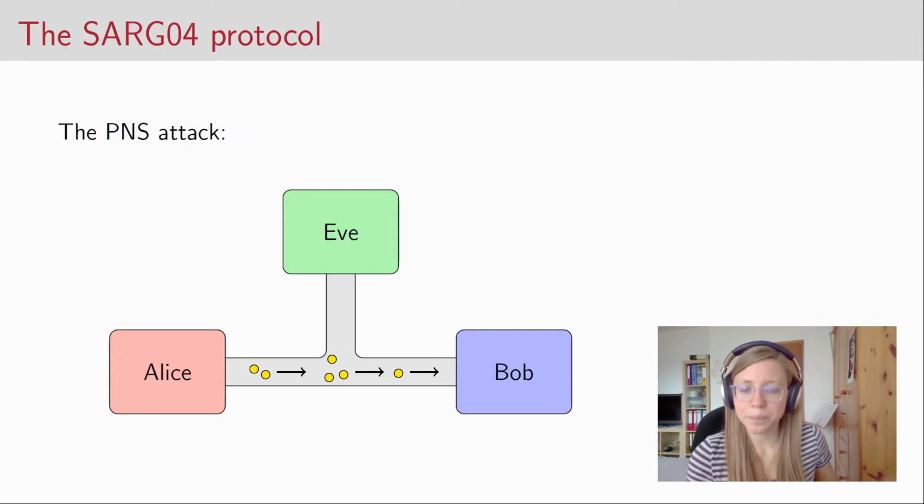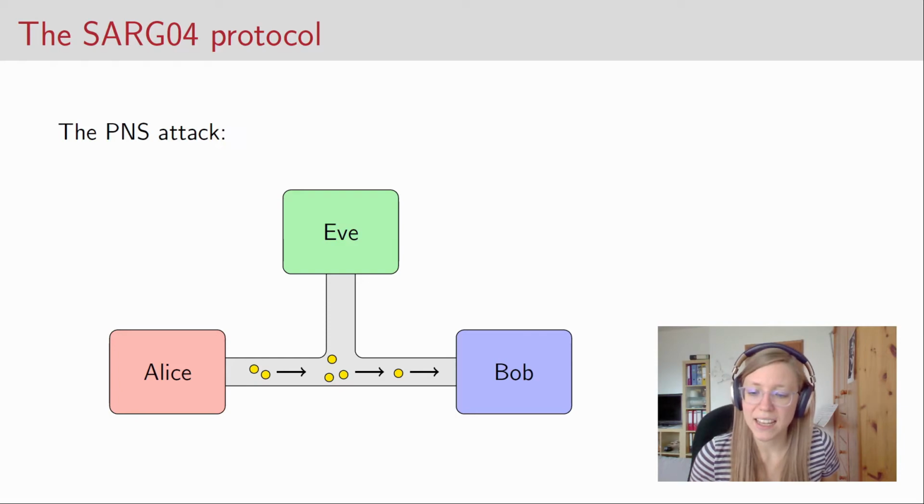Okay, so in this case, Eve can perform a specific attack. If the laser pulse contains more than one photon, then all these photons contain the information, so the key bit that Alice wants to send.